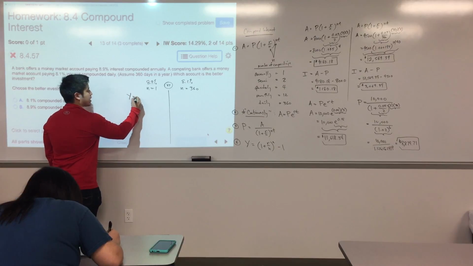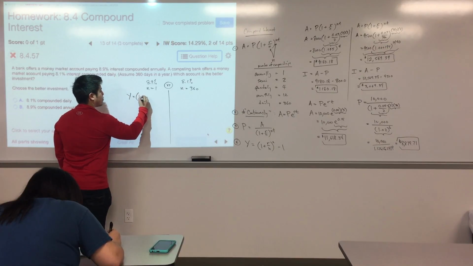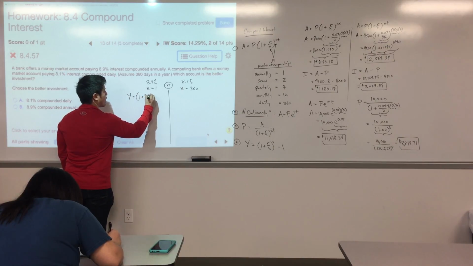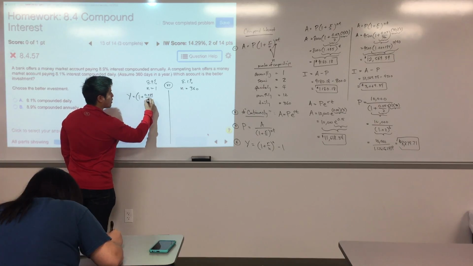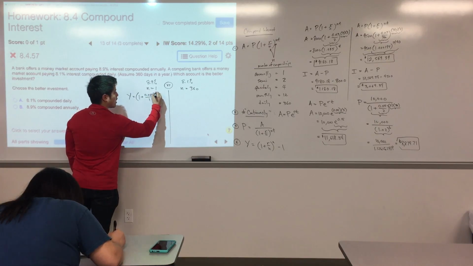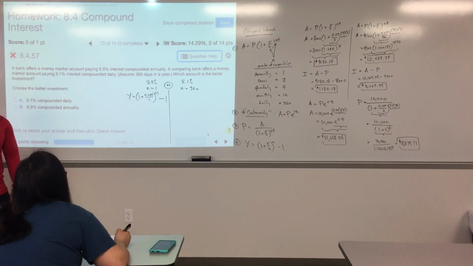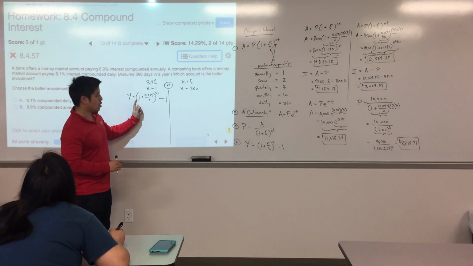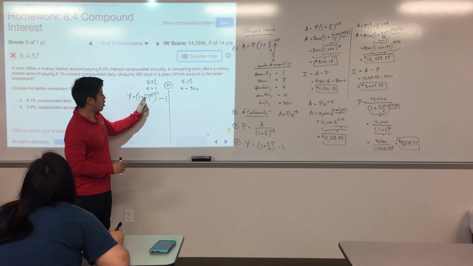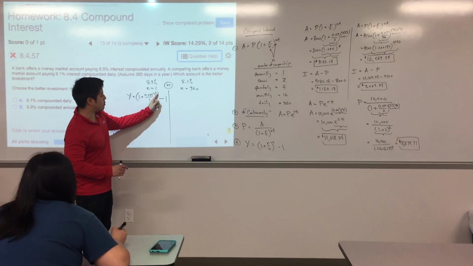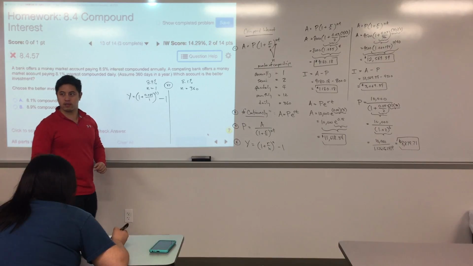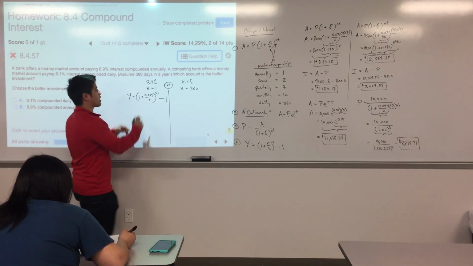y equals 1 plus your rate, 0.089, over n, 1, to the n, 1 power, minus 1. There's your setup. Does that make sense, guys? Look at all the pieces: 1 plus r over n, to the n power, minus 1. Let's go set up the other one, then we'll calculate it.